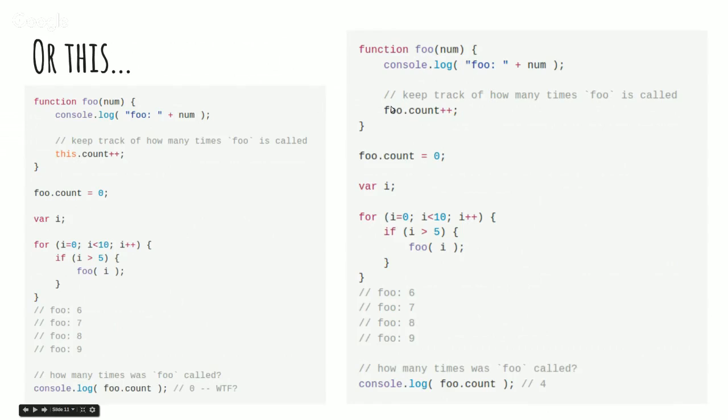You can see pretty clearly that this is not the same thing as foo. So that's a good example of how this is not a reference to the function that it's in. It's a reference to the object at the location that the function was called. Exactly.